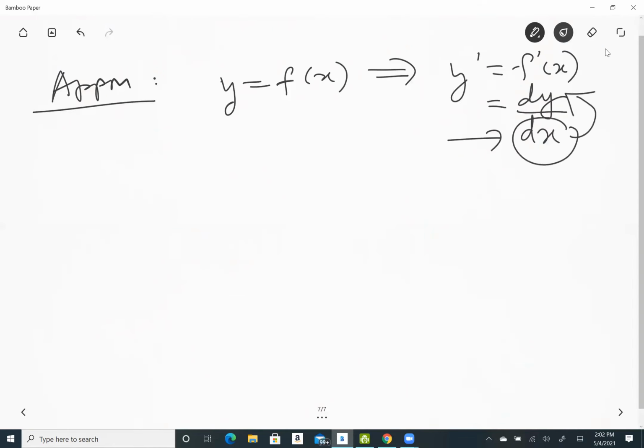And then there will be a change in y. So that will define the change of y with respect to a small change in x, okay? And that will relate to the basic notation delta y over delta x.